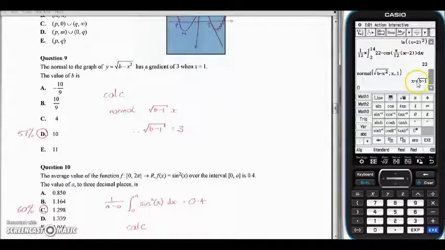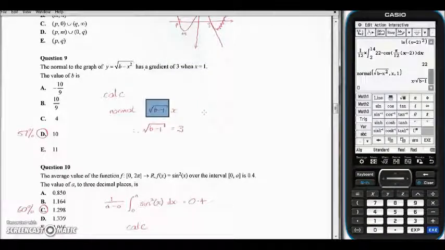So, okay, the equation of the normal is the square root of b minus 1x. It's obviously a straight line, the normal, but the equation is just root b minus 1x. So the gradient of the normal, because this is just like y equals mx plus c, is the square root of b minus 1.